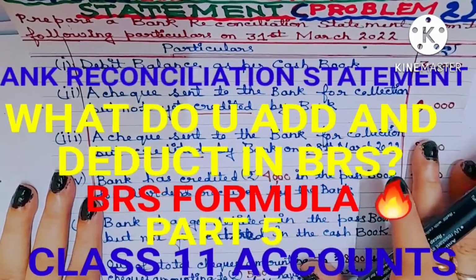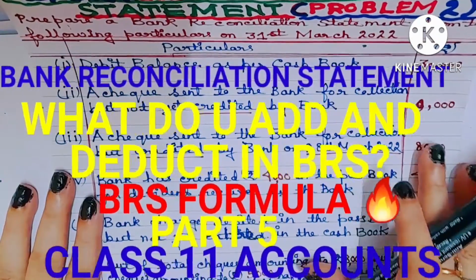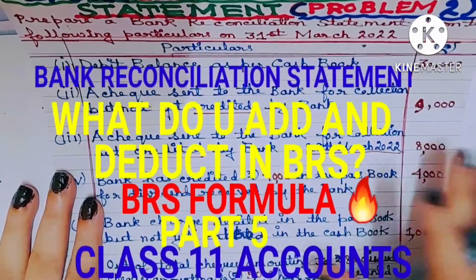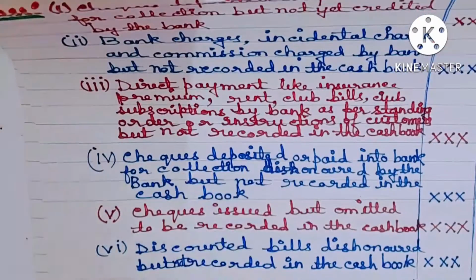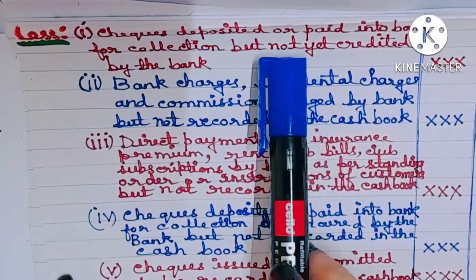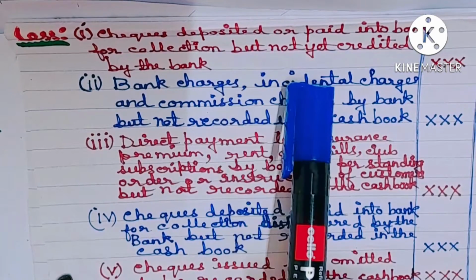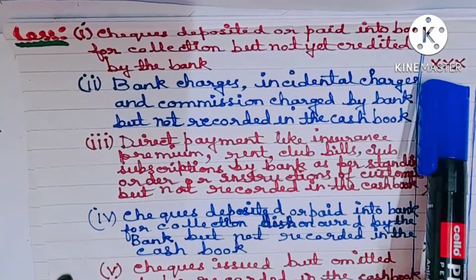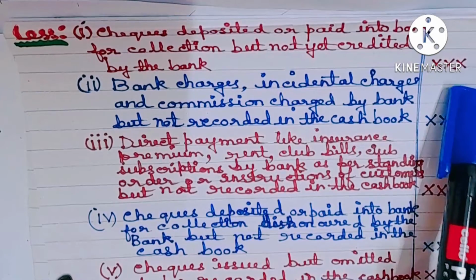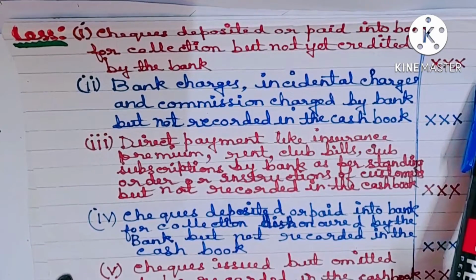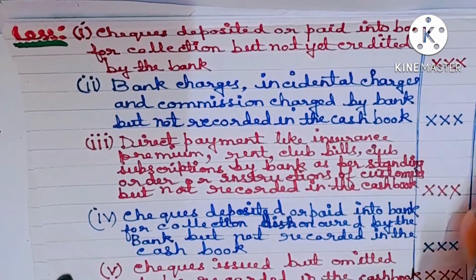Okay. Now let's go through the chart and see, should we add or deduct this transaction? Number 2. See, checks deposited or paid into bank for collection but not yet credited by bank. So we should deduct this transaction in the bank reconciliation statement as per cash book.